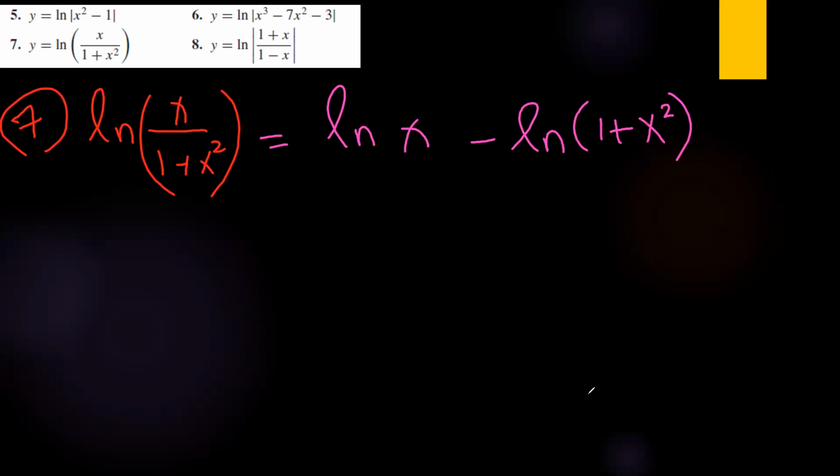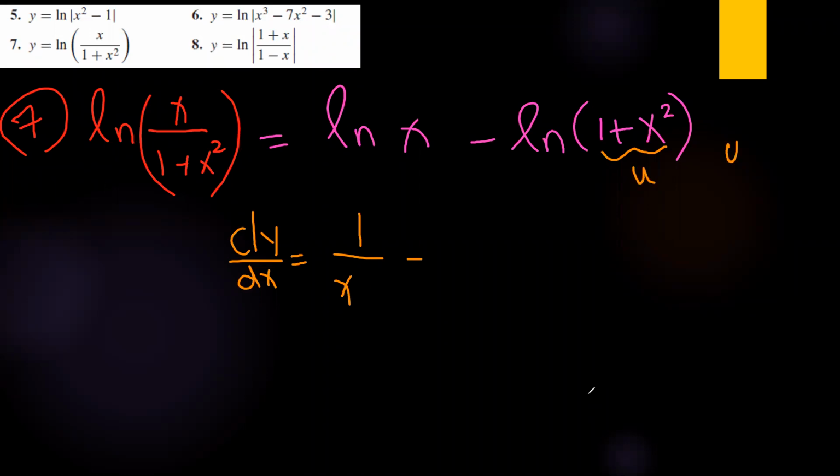Then the second step is to find its derivative. What is the derivative of ln of x? It is 1 over x. And here we have ln of 1 plus x squared. What do we have to do? Can I expand that? No. Since I cannot expand it, let's use the u assumption.